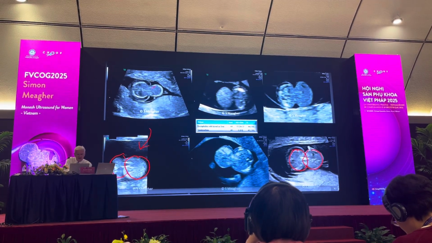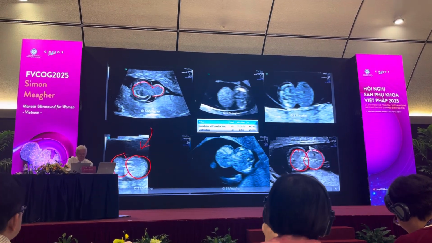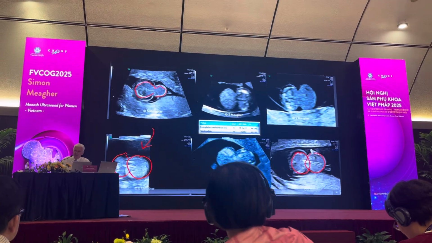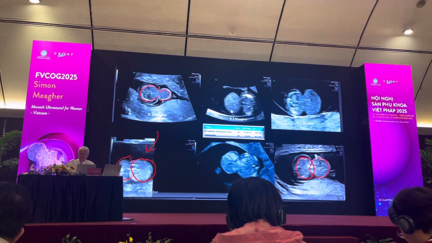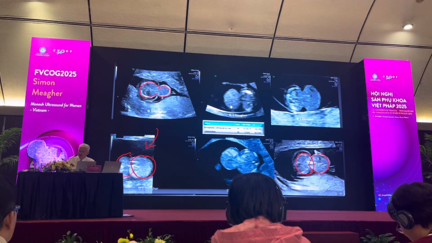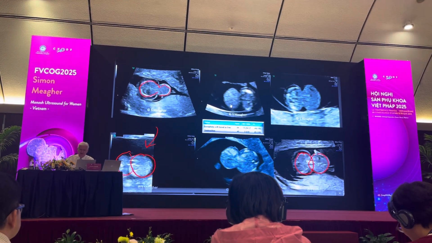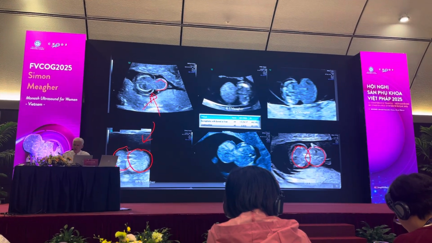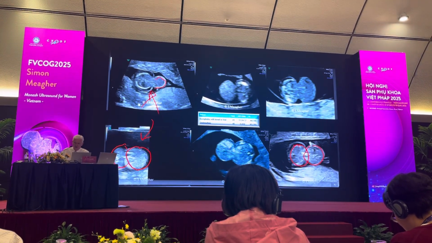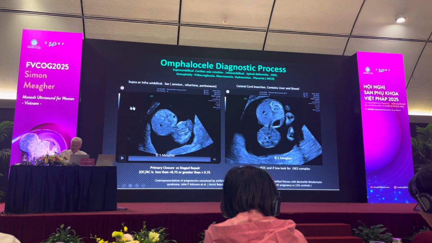If your omphalocele is smaller than the abdominal circumference, then there will be a single operation repair, based on published data from Asma Khalil in the UK. So prognosticating omphalocele in the first trimester is important. And of course, you may see increased nuchal fluid, scoliosis, associated abnormalities. The prognosis is worse for these babies, and you need to counsel the parents accordingly.